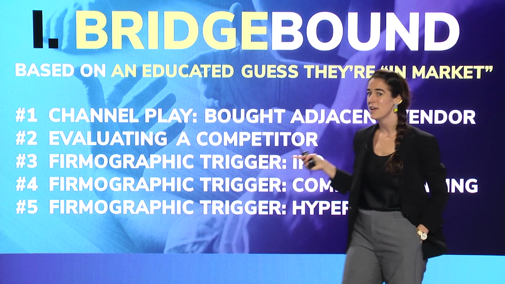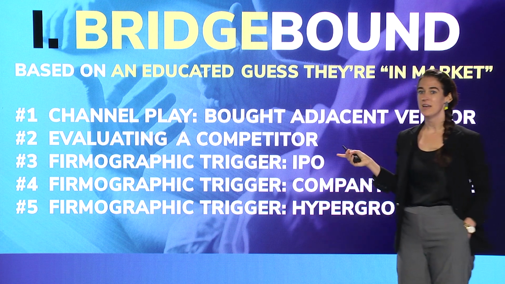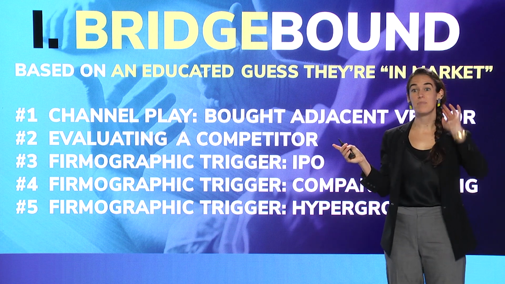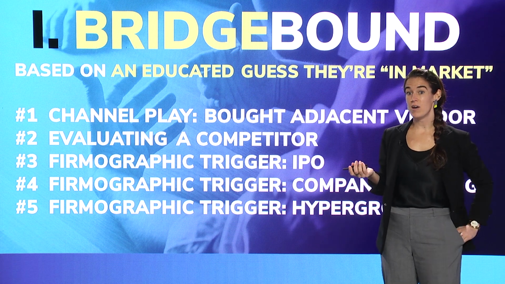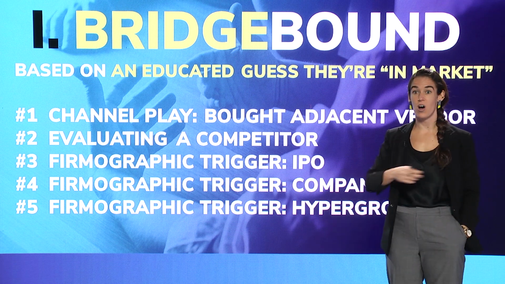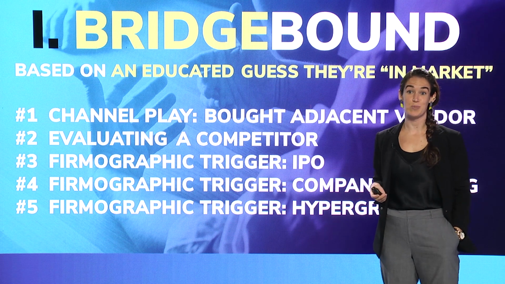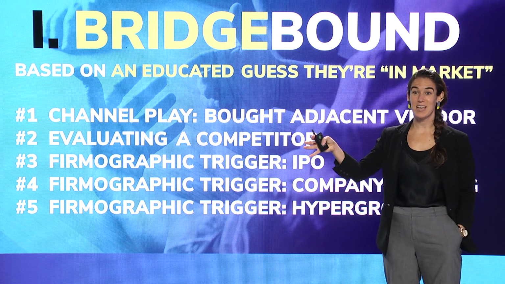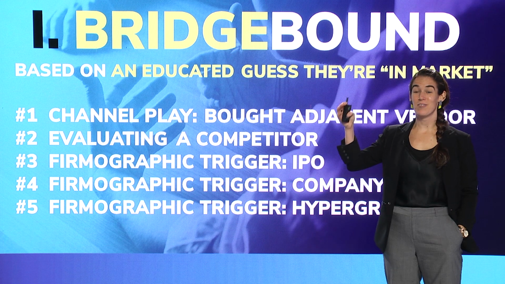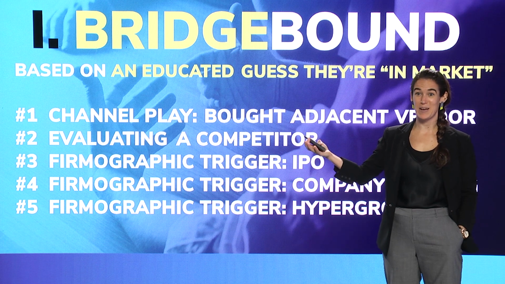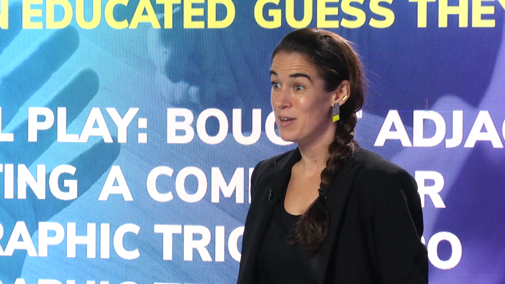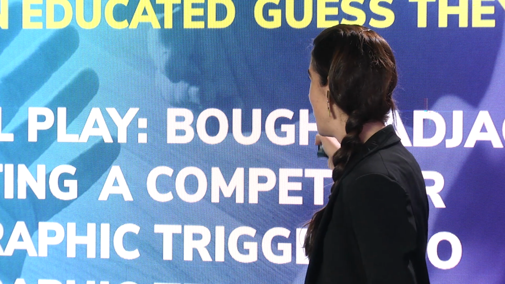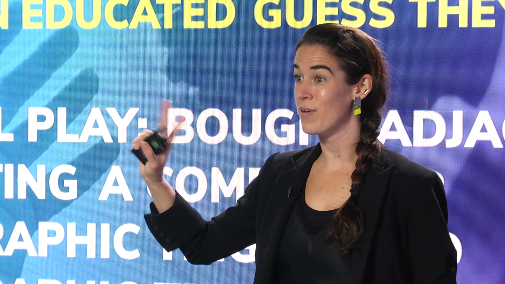So a channel play within B2B tech would be like, I'm a data provider. So I want to sequence all the people who just bought a sales engagement tool. Because if they bought a sales engagement tool like Outreach, then they need to fill it with prospects. So if they bought Outreach, then they probably need some contact email addresses and phone numbers. So the channel play would not be you're collaborating.